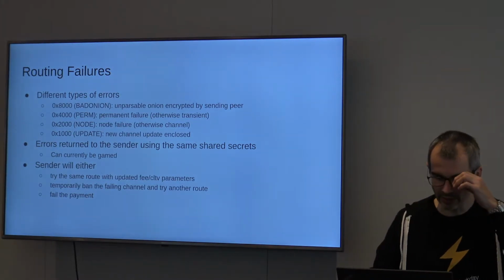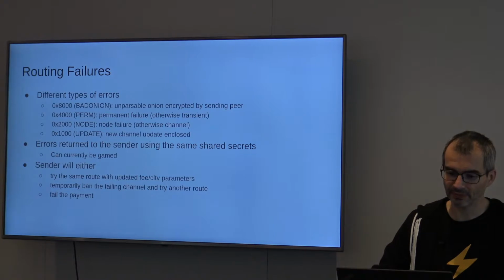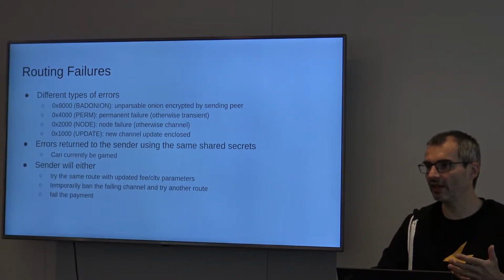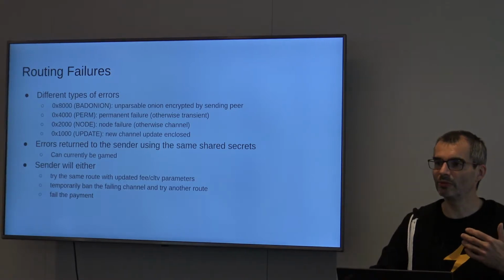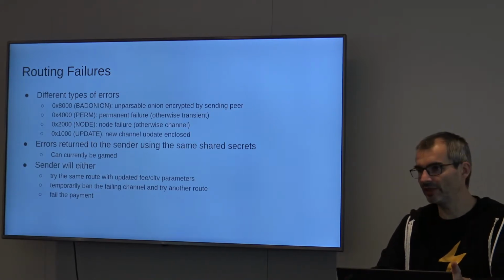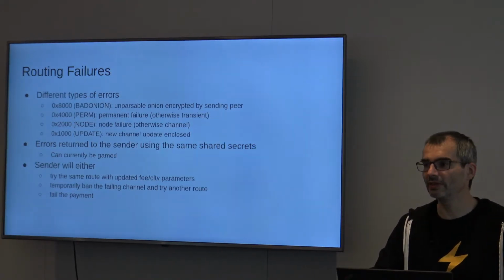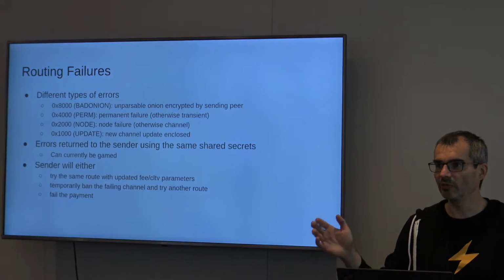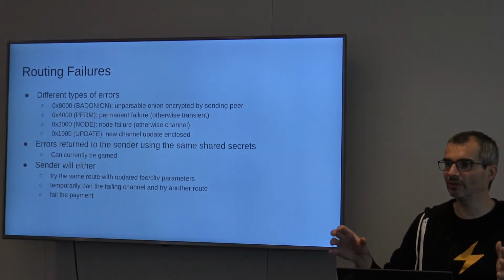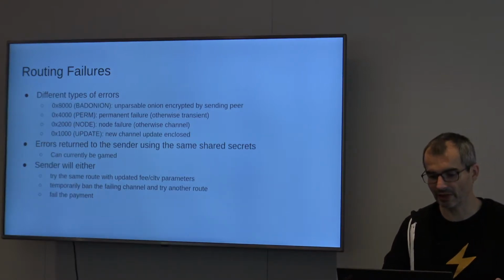So for some types of errors, the payment has failed and you need to compute a new route and try again. For some types of errors, like update errors, you can actually keep the route you have, apply the new update, so just change the fees you're paying along the route and try again.